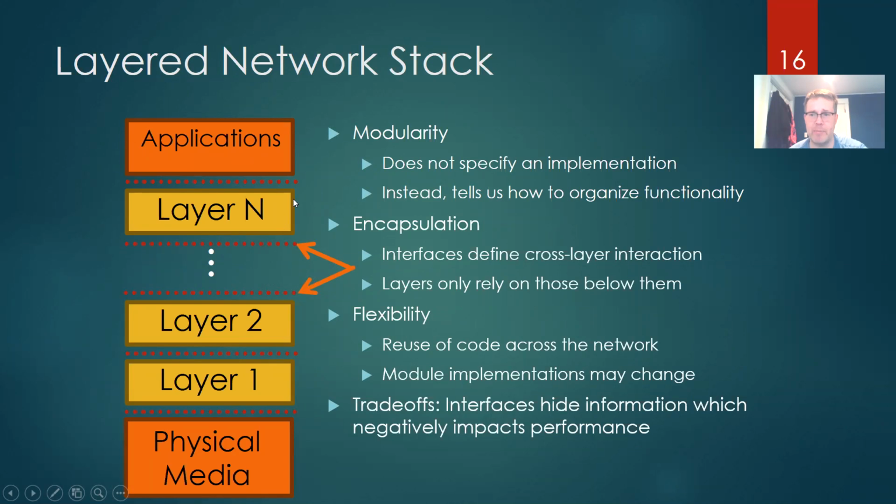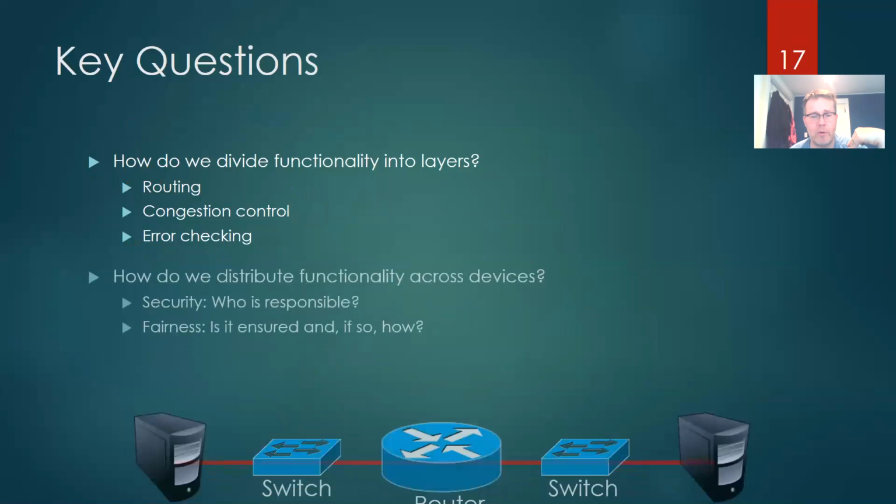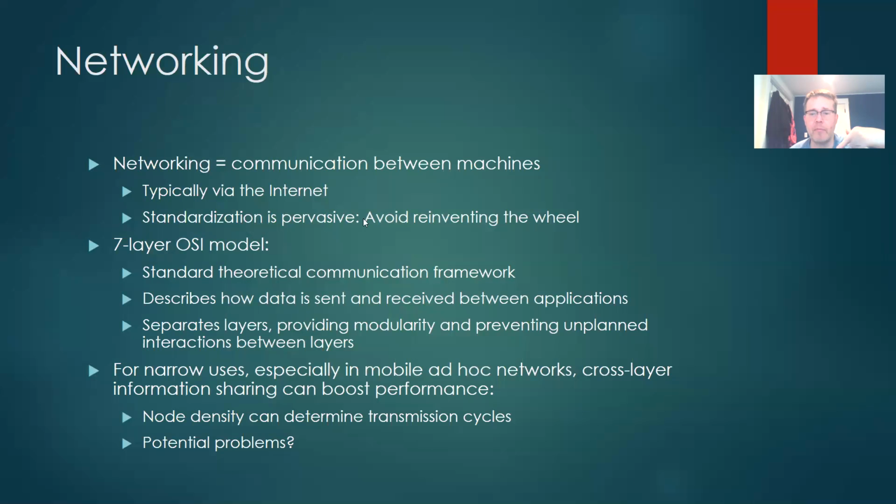Every one of them accepts input, produces output, doesn't know anything about what's going on. Now, of course, as I said, if you were going to share information across layers, you could in various ways optimize your system to run faster. And if you want to do a search on Google Scholar, you can say cross-layer network optimizations and find a bunch of research people are doing on that.